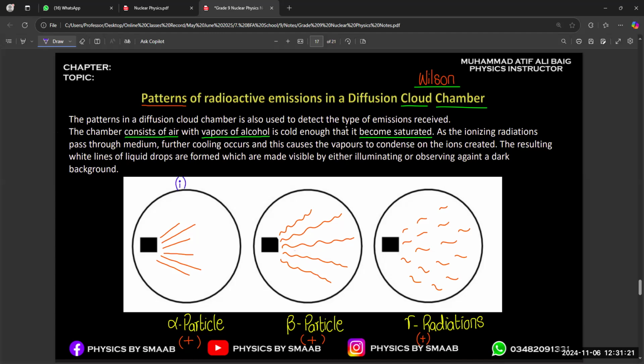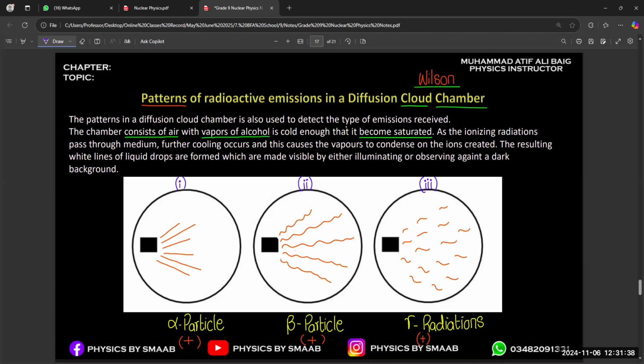This is one type of trace. This is another, and this is another. So there are three different types of traces we get from this Wilson cloud chamber.